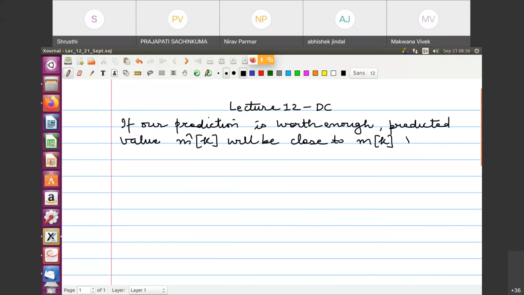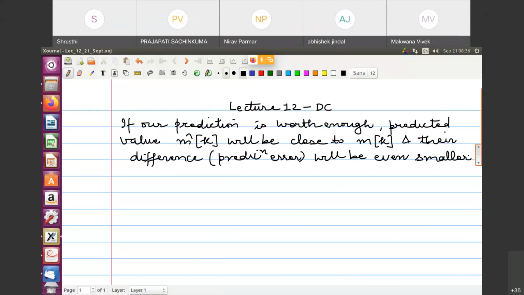Their difference, that is the prediction error, will be even smaller than the difference between the successive samples. Okay, so this is the motivation.